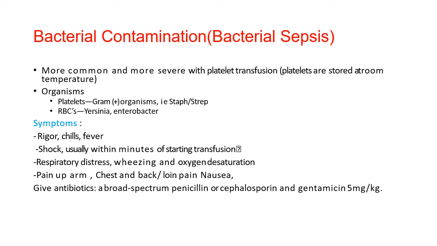The symptoms can be chills, fever, rigor, shock within minutes after transfusion, respiratory distress, laryngeal edema, pain in the arm in which it is transfused, and chest and back pain. The treatment is giving antibiotics, a broad spectrum penicillin or cephalosporin, and gentamicin to cover all the organisms.